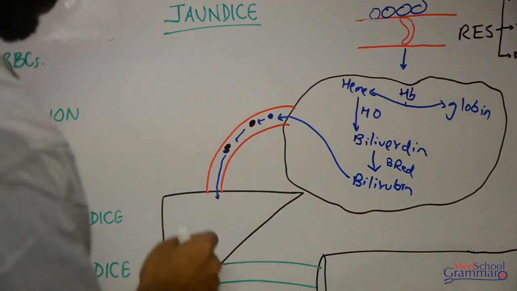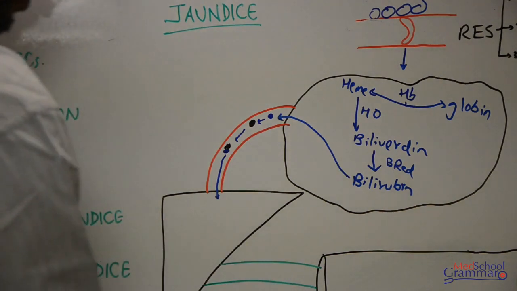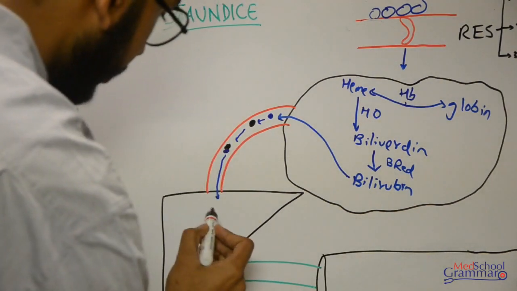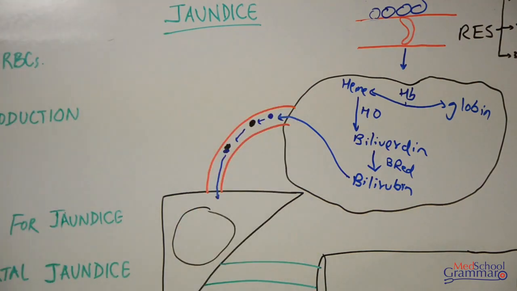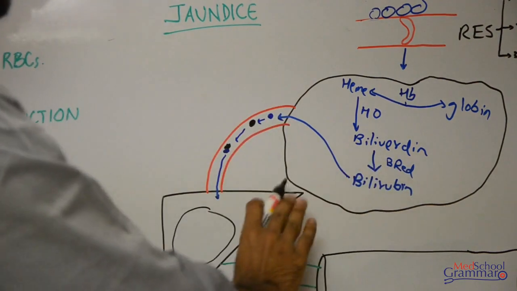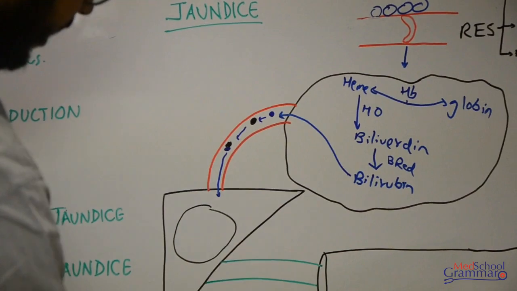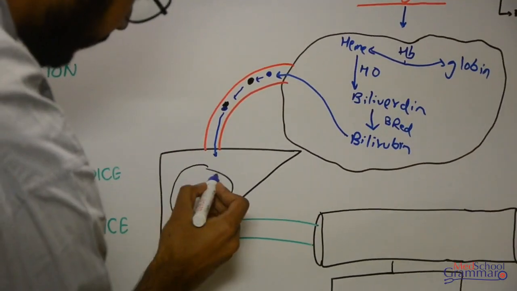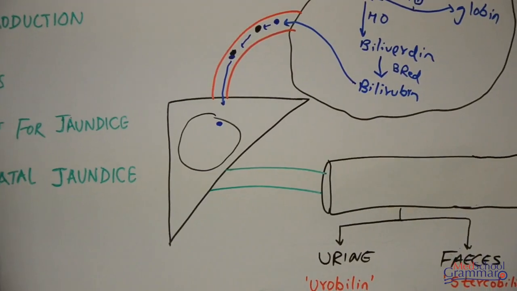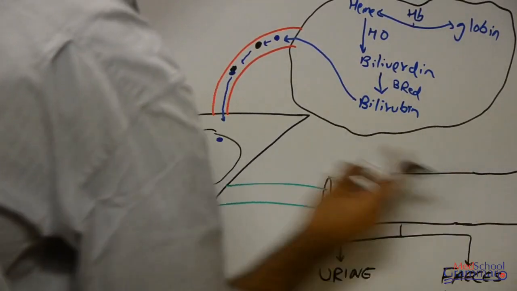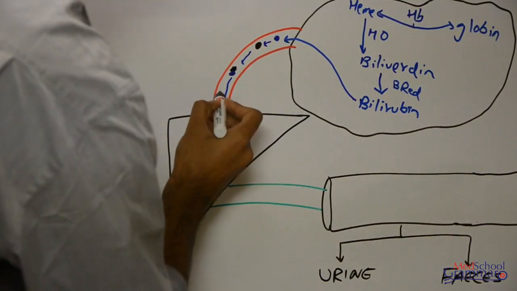In the liver there are hepatocytes, right? There are multiple millions of hepatocytes present. What they do is they take up only bilirubin, and albumin is released back into the circulation.